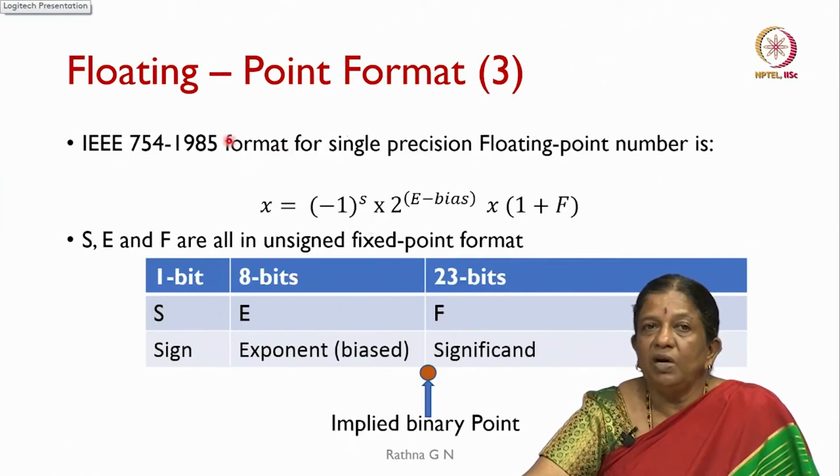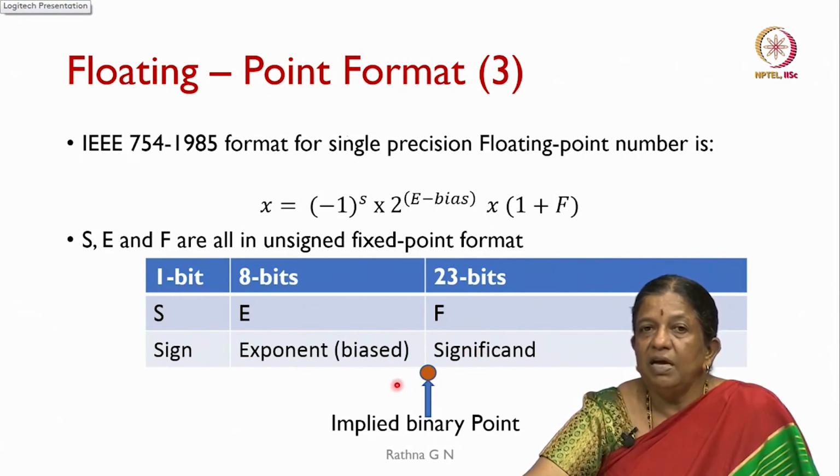Now, the IEEE format representation is called IEEE 754, defined in 1985. For single precision, that is a 32-bit floating point number, it is represented as x is equal to minus 1 to the power of s into 2 to the power of e minus bias into 1 plus f. Here S, E and F are all unsigned fixed point format. S represents the sign bit, E represents the biased exponent, and F is the significand in this case.